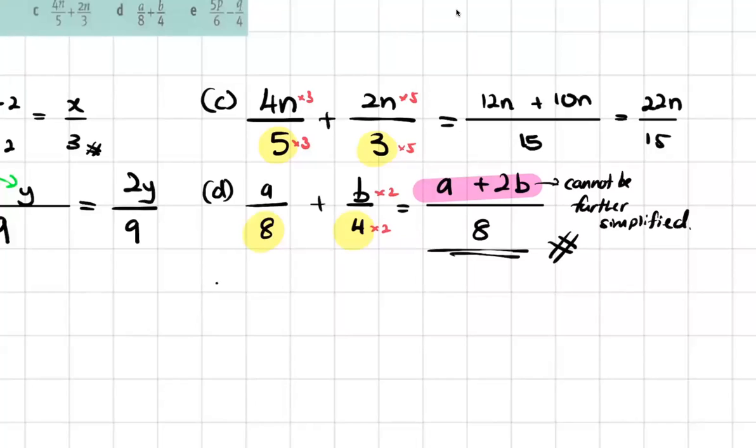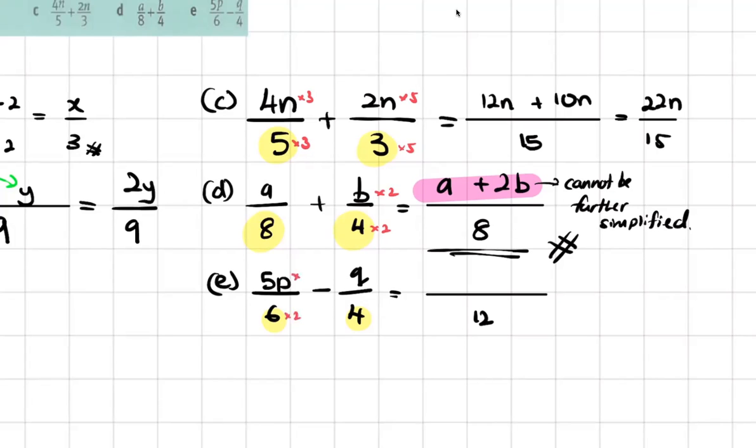And let's look at the last one, E. 5p over 6 minus q over 4. Same thing, they have different denominators, so I need to change them into a common denominator. The lowest common multiple will be the number 12. It is very important for you to know your times table. If you don't know your multiplication table, then it's going to be slightly difficult for you.